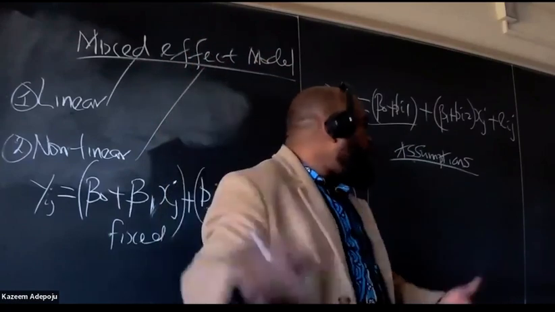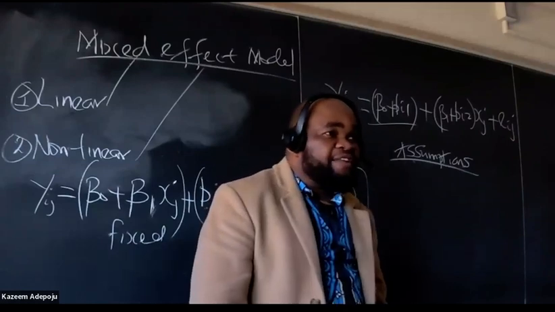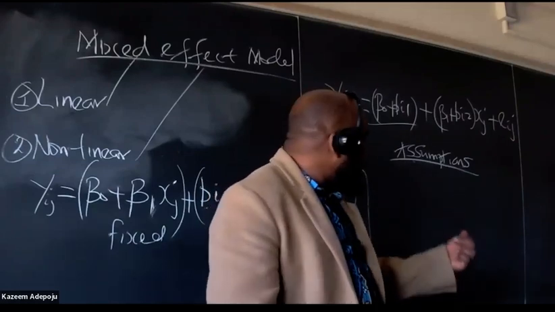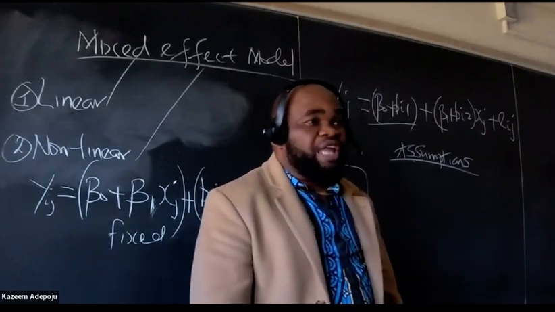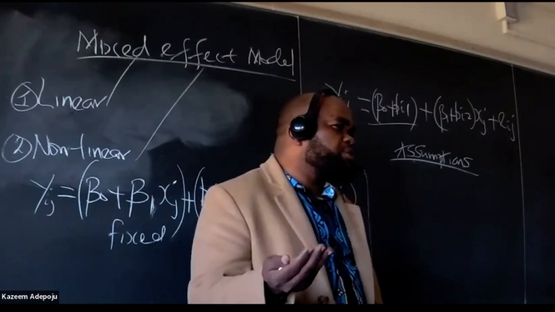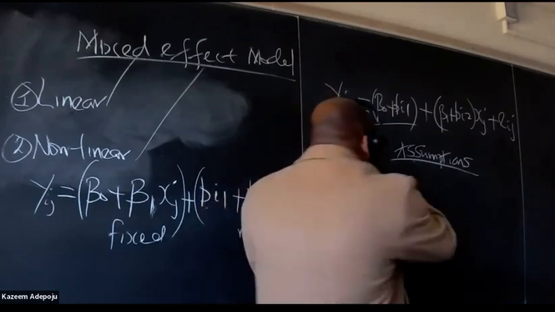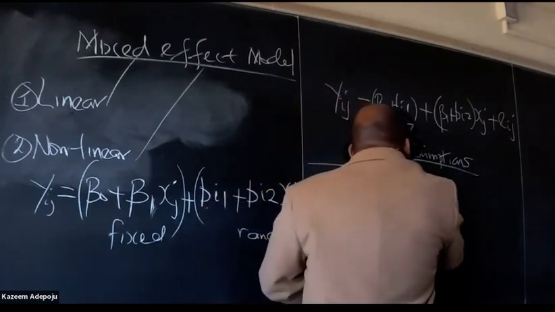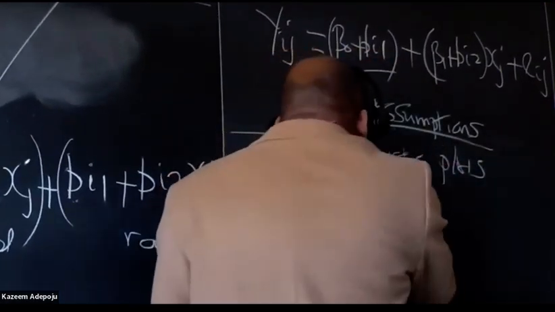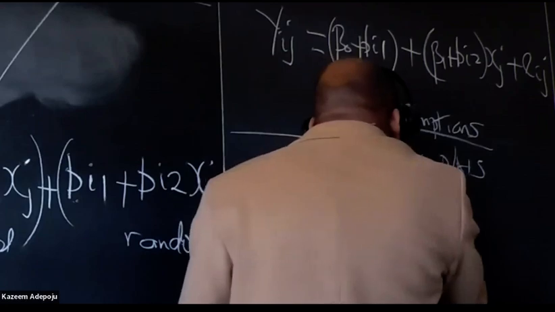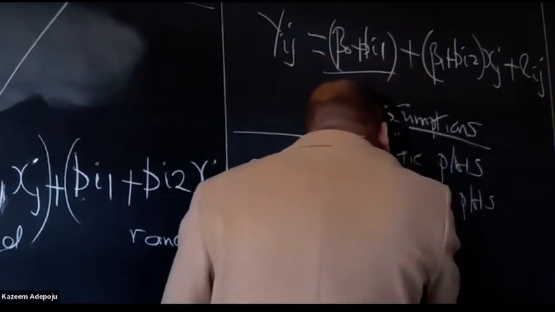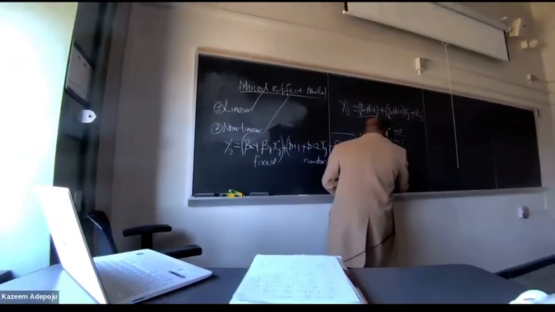How are you going to investigate that linearity? You can use a diagnostic plot like a residual plot. Has anybody heard about residual plots? We have some diagnostic plots, and one of them is the residual plot. You also talk about Q plots and so on.